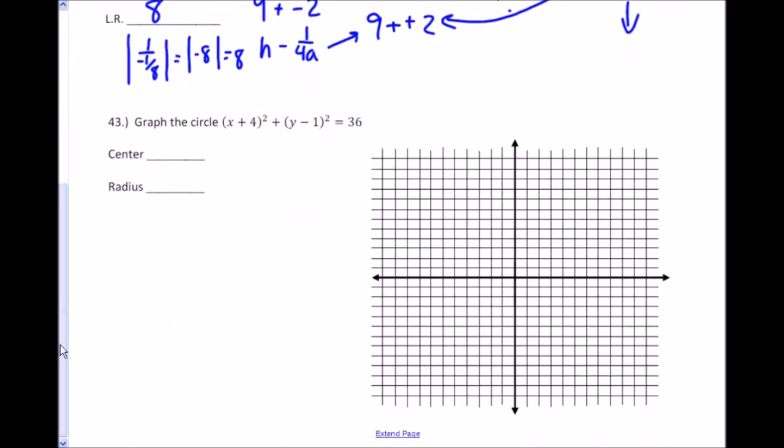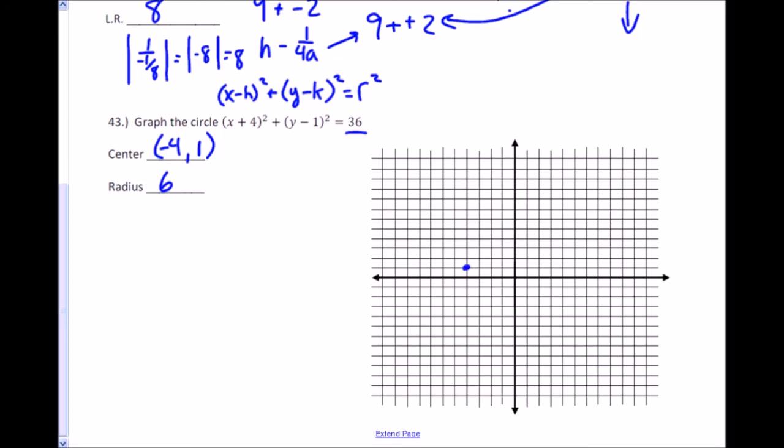For number 43, it says to graph the circle. Remember, the equation for the circle is (x minus h) squared plus (y minus k) squared equals r squared. So the center of this one is (h, k), which is (negative 4, 1). This is r squared, so r is just 6. Now I come over here, I go to (negative 4, 1). It's right here.